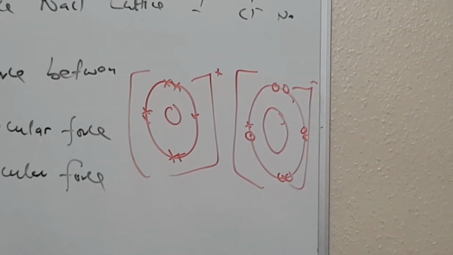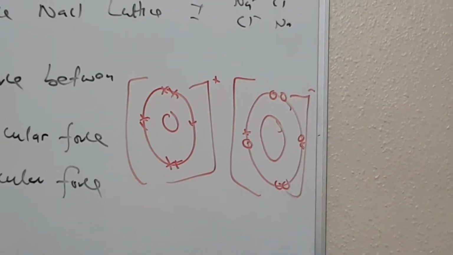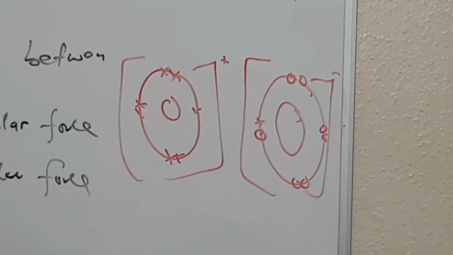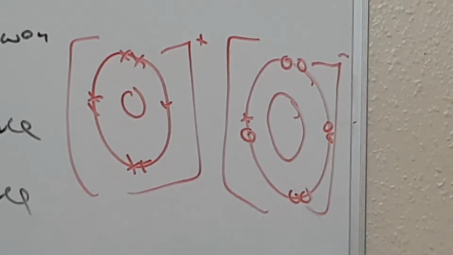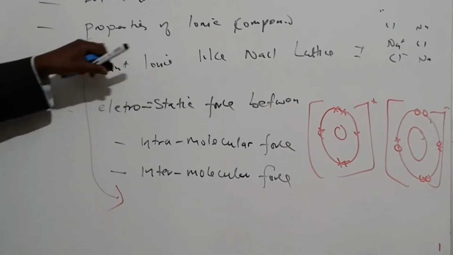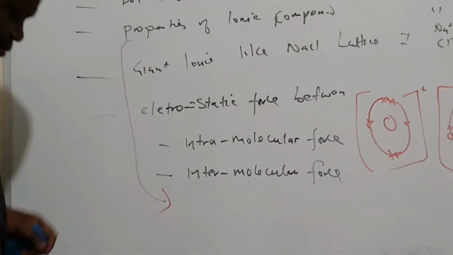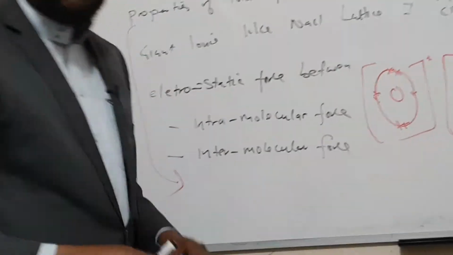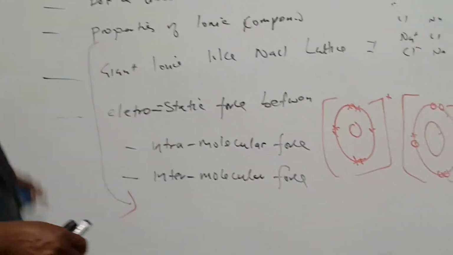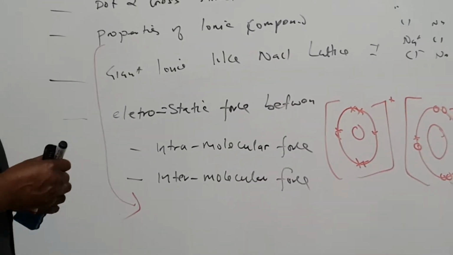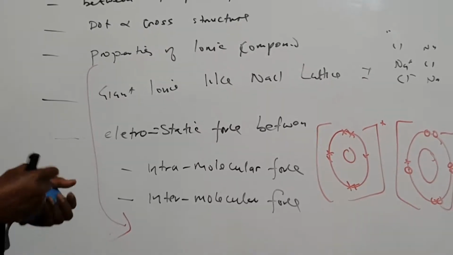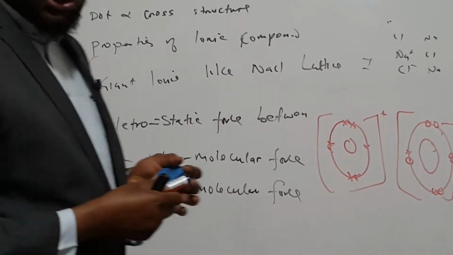So we are going to look at these forces, and these forces are responsible for high boiling point and low boiling point. In fact, they will explain the physical and chemical properties of ionic compounds. And then we are going to look at covalent bonding under these same headings, and how to draw the structure.